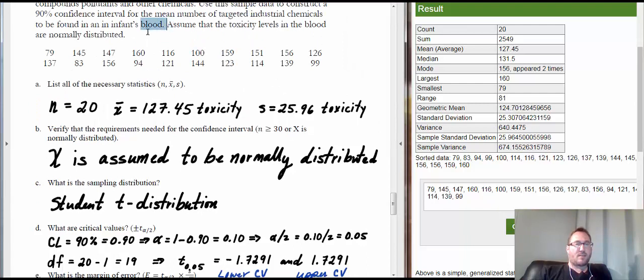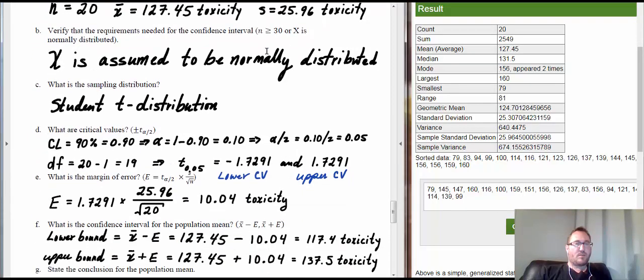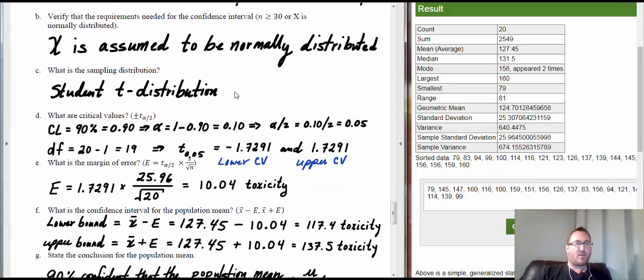And looking at that last sentence here, it says that the toxicity levels in the blood are normally distributed. So we're okay there. We can go ahead and use the student t distribution, which parallels the concept of finding the population mean.